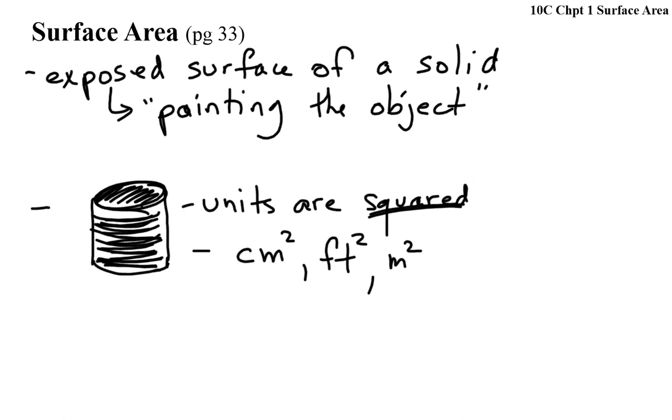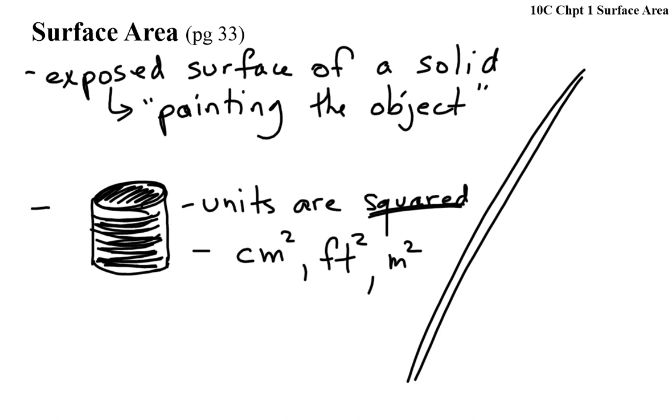Now, the question is, surface area, how do we do it? Surface area itself, really it comes down to the fact that we want the area of each side. Or as we call them, faces. A cylinder has a round face on top.